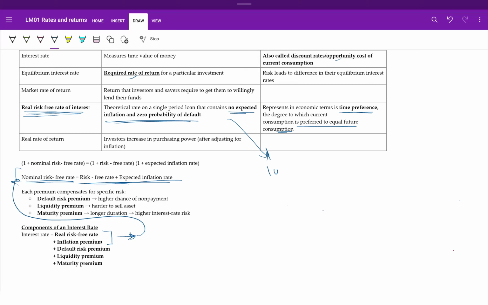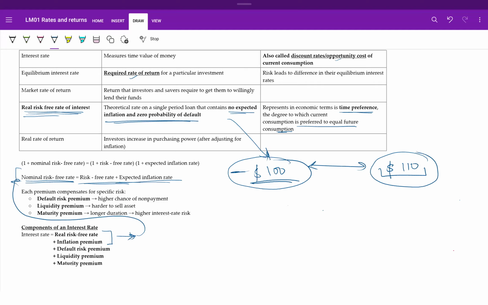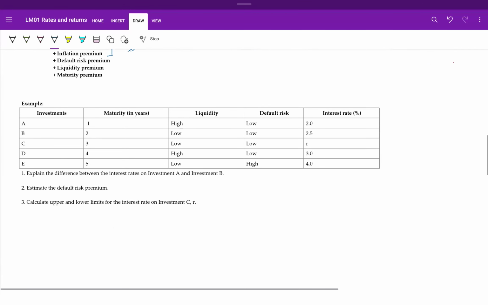If you are investing $100 today, and after 1 year, because of inflation, if I'm giving you $110, so the purchasing power of money is the same here. So you need to understand this when you are talking about the rates.